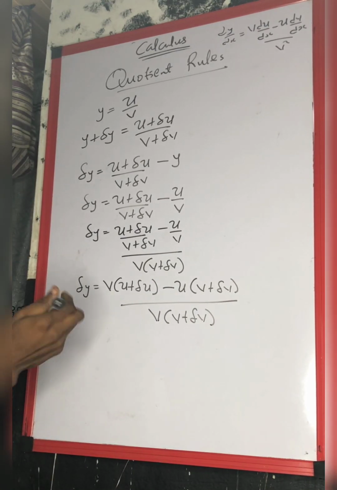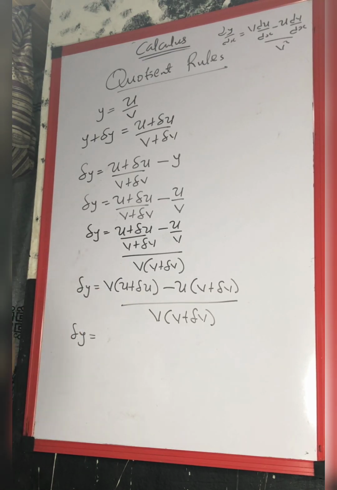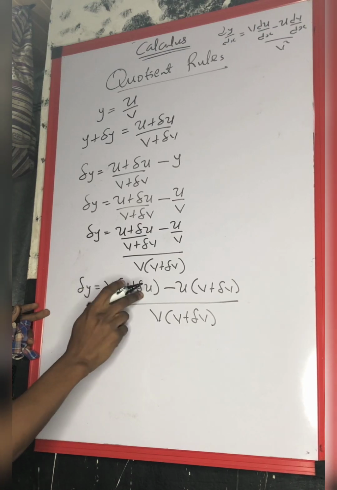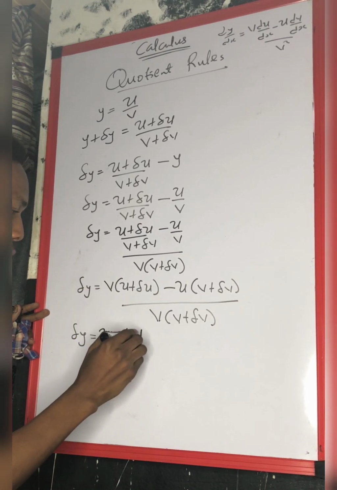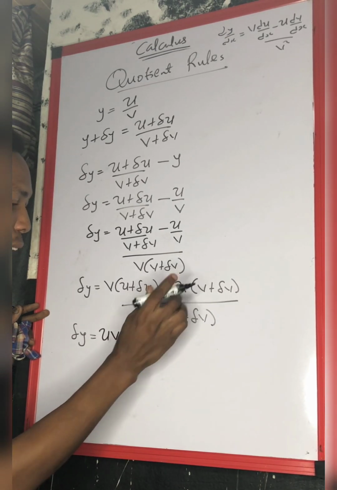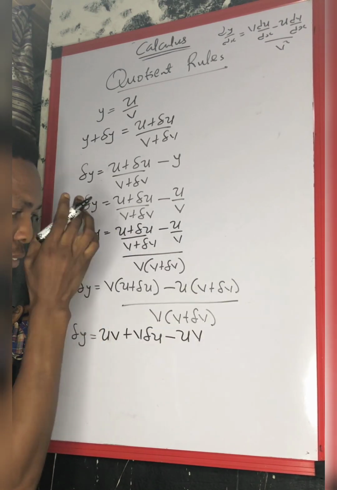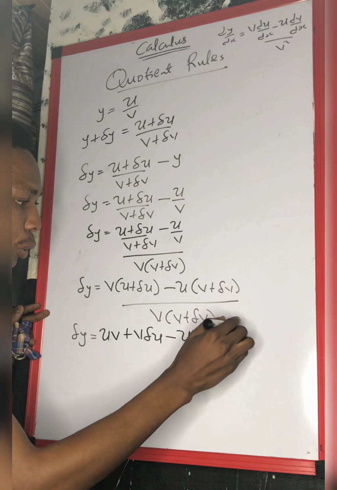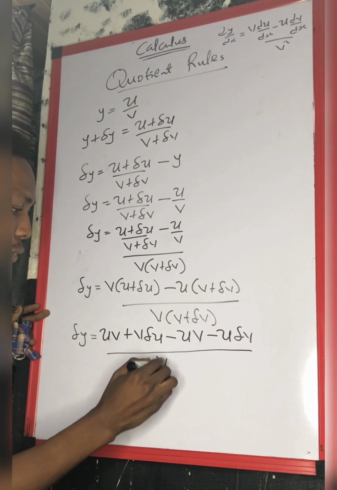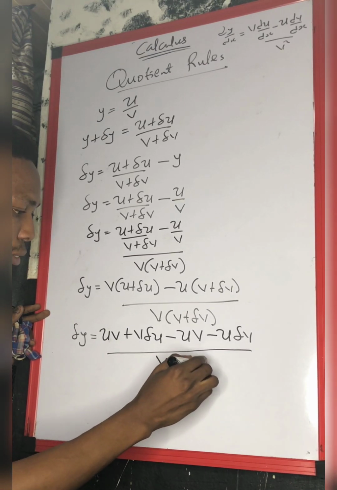This time around, it becomes change in y equals v times u, which is uv. V times change in u gives plus v change in u. Minus u times v is minus uv. Minus u times change in v is minus u change in v. Then all over the denominator, which is v bracket v plus change in v.